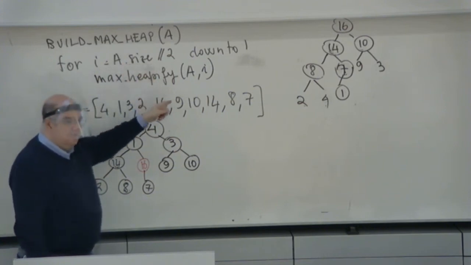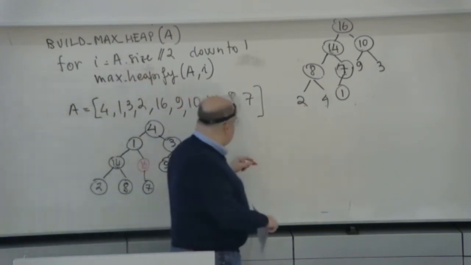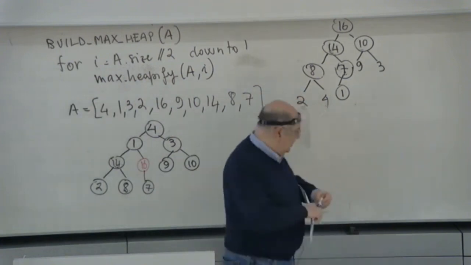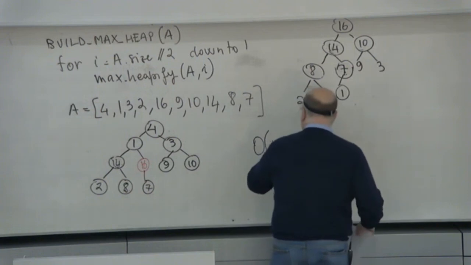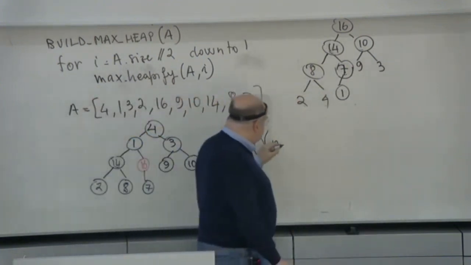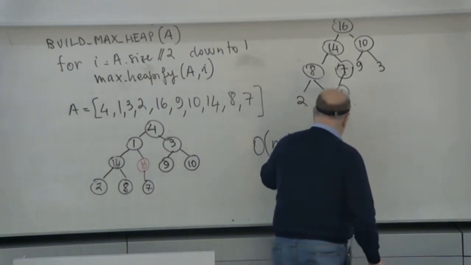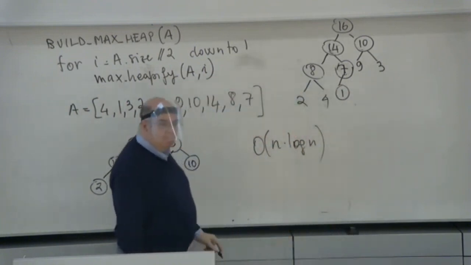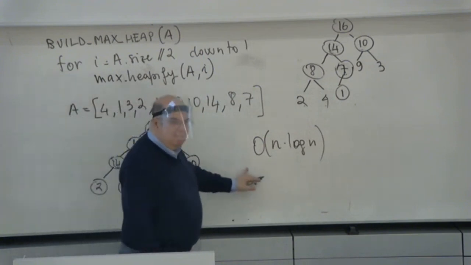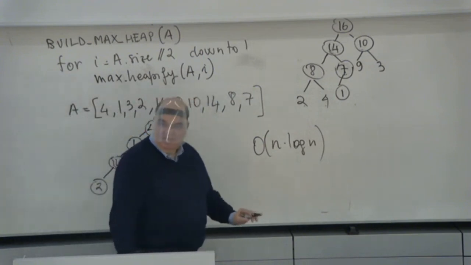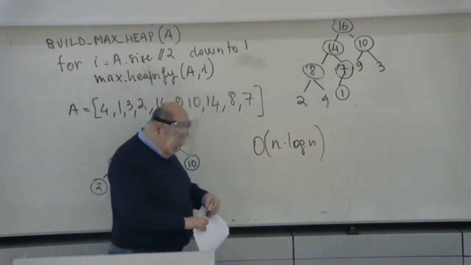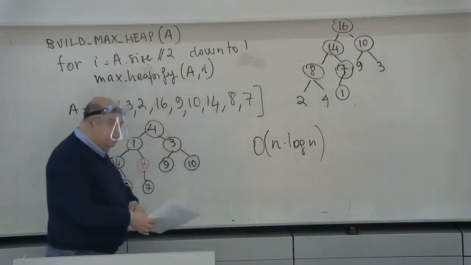So in theory, you should say it should be big O of n, the number of times you repeat Maxipify, times the time required for Maxipify. Of course, this is true, because this is an upper bound. It's not a very tight upper bound, but you can actually do slightly better.